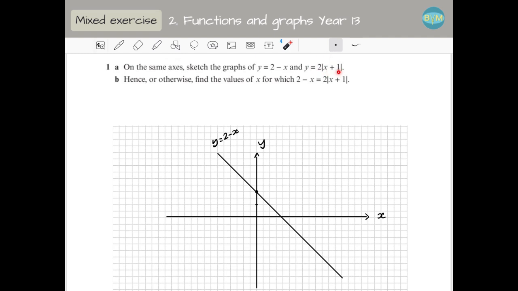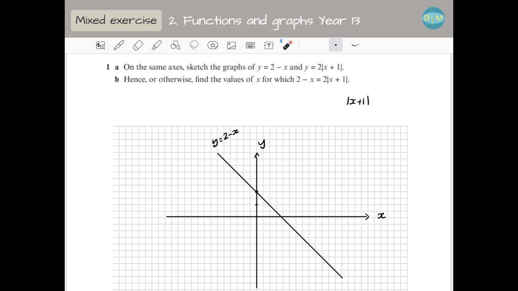To represent this one, there are a few ways of doing it. I would say the easiest is to represent the absolute value of x plus 1, and then multiply by 2, just doing a vertical stretch. So for the absolute value of x plus 1, we represent x plus 1 and then mirror everything that is under the x-axis.